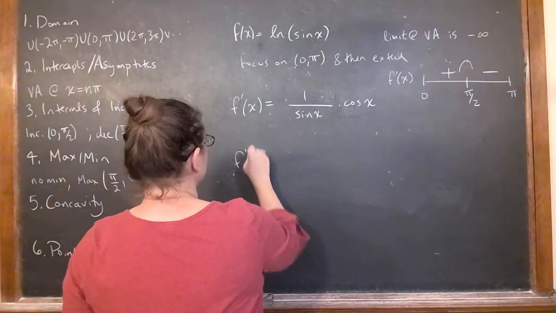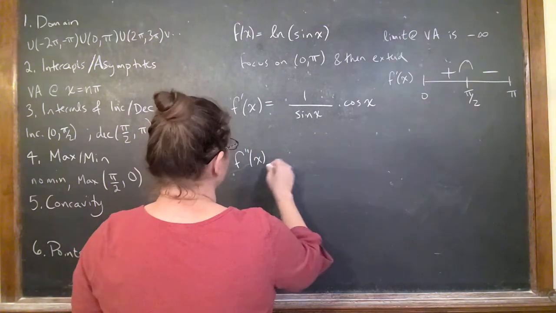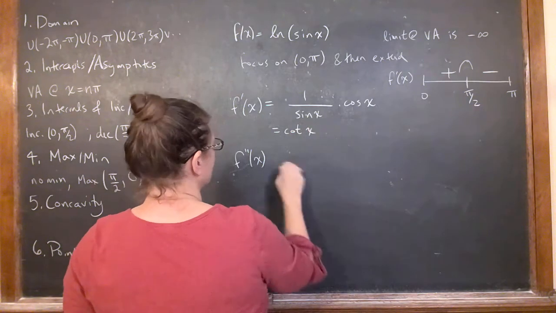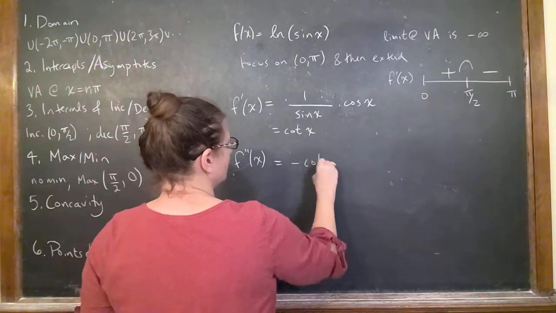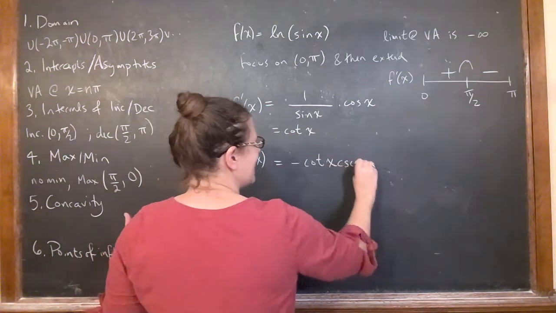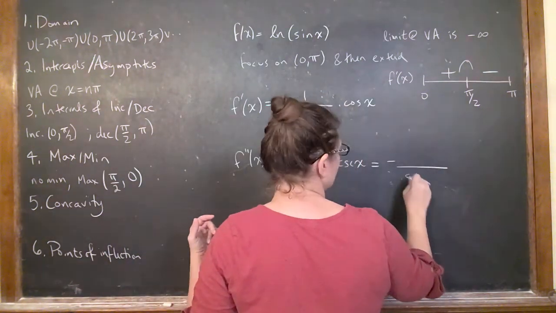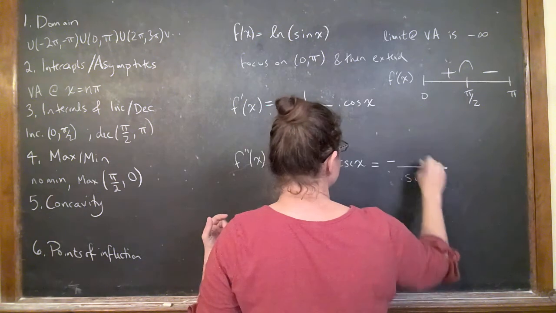So the second derivative, okay, this is cotangent, right? So the second derivative is minus cotangent x cosecant x. So minus sine squared on the bottom.